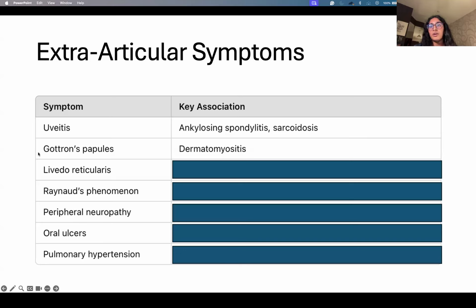Livedo reticularis, you might have heard of. There's quite a few different things that could be going on there, but any ideas?